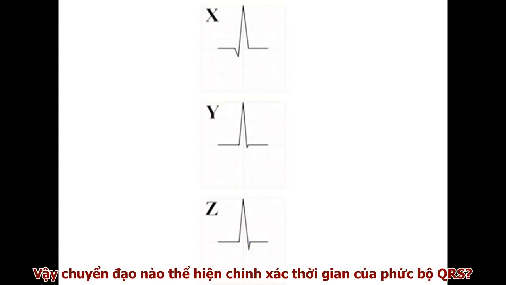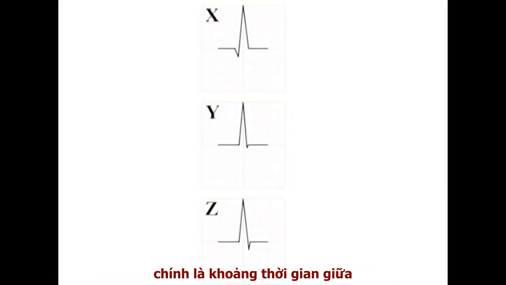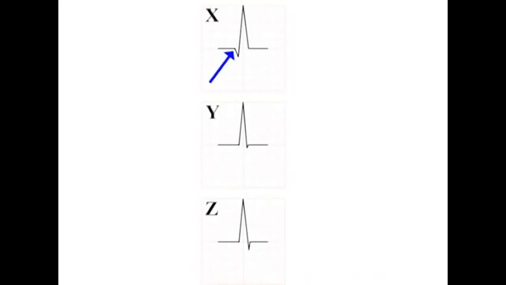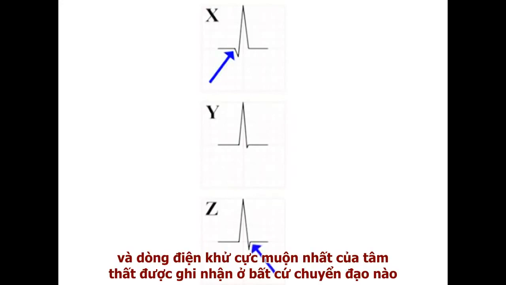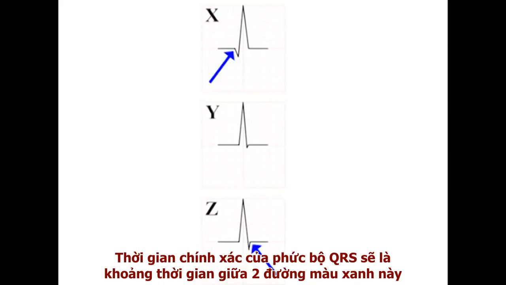So which readout represents the true QRS duration? In fact, the true QRS duration is represented by the difference in time between the earliest ventricular depolarizing current detected in any lead and the latest ventricular depolarizing current detected in any lead. So in this simplified example, the true QRS duration is enclosed between the blue lines.